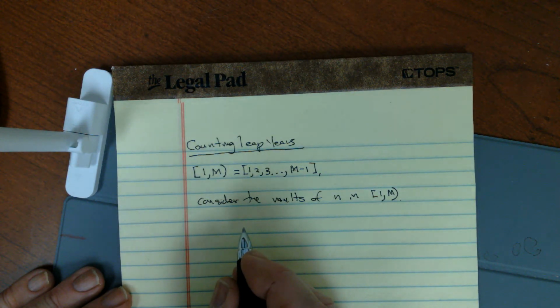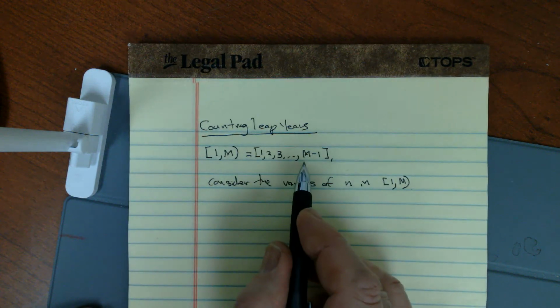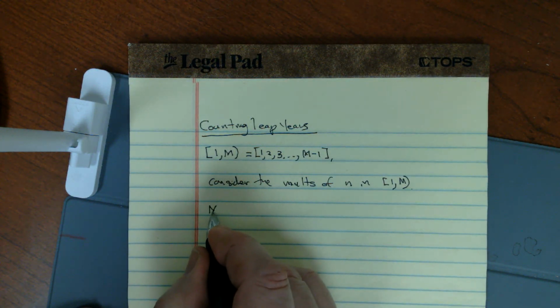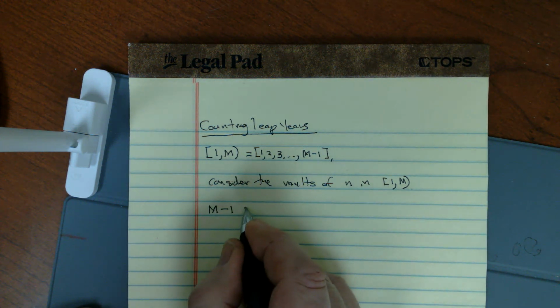To do that, notice that the biggest number in that set is M minus 1. So I'm going to take M minus 1 and apply the division algorithm to it.